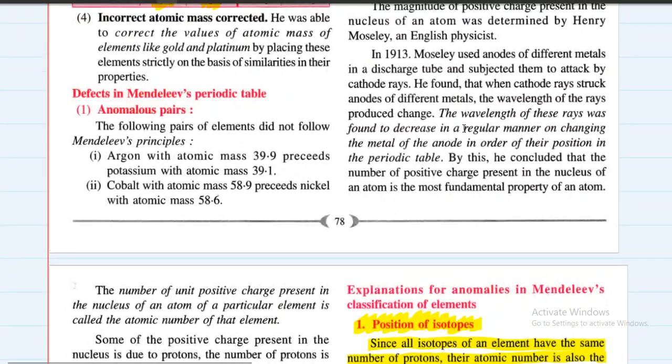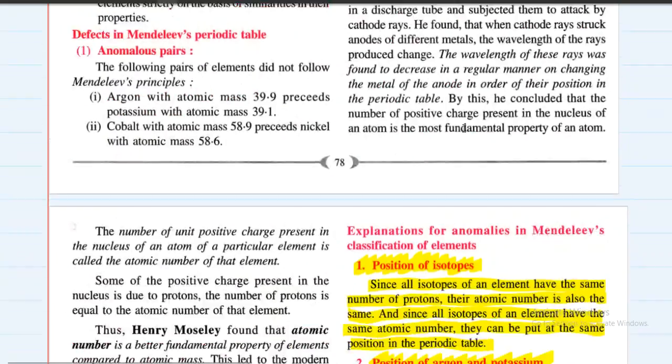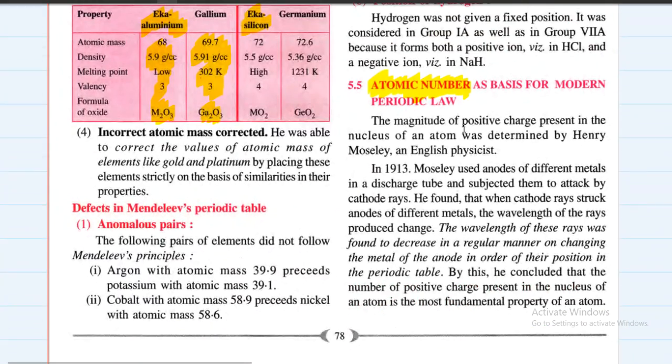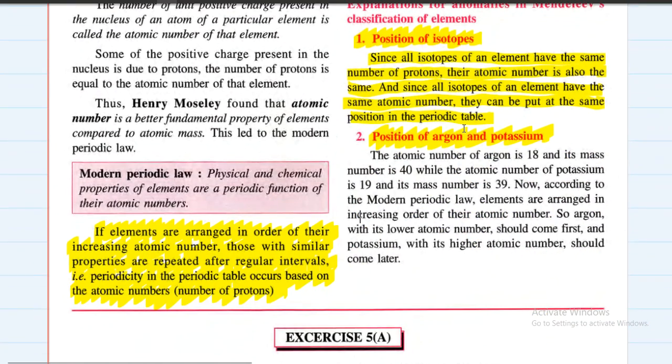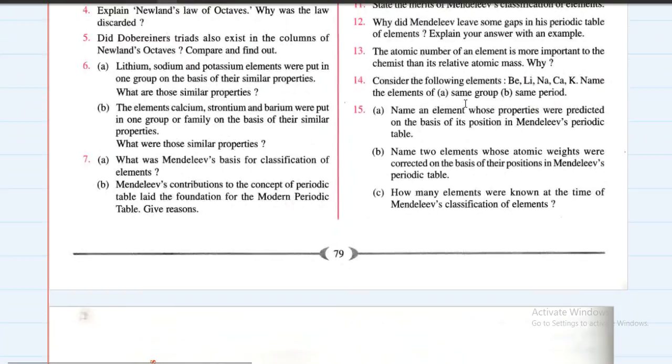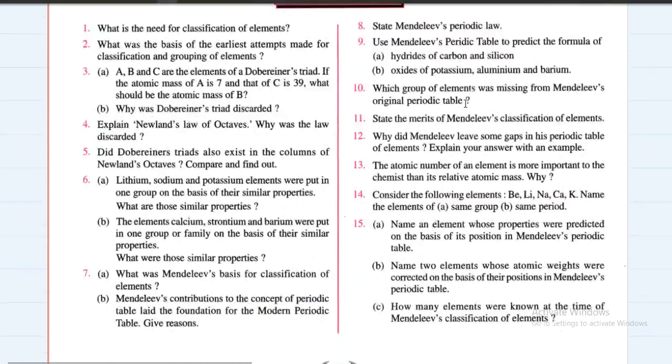So these things were explained by the modern periodic law, which was a gift of Henry Moseley in 1913, an English physicist. He told that physical and chemical properties of elements are periodic functions of their atomic numbers, and that was path breaking. So there is this exercise 5A which you should be able to do now.